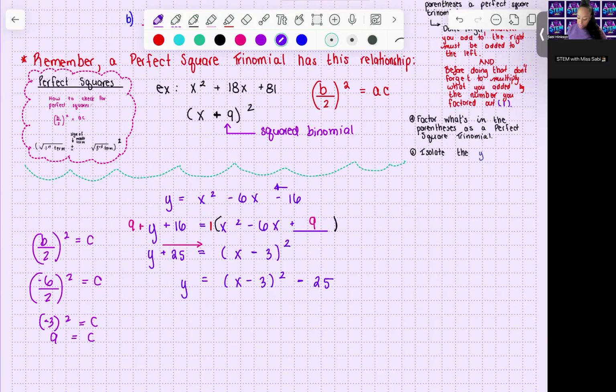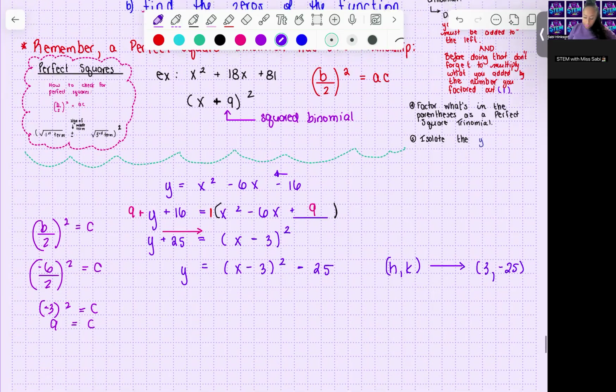So now this is vertex form. My h, k are as follows. My h is 3 and my k is -25. So that is me using completing the square to turn this into vertex form.